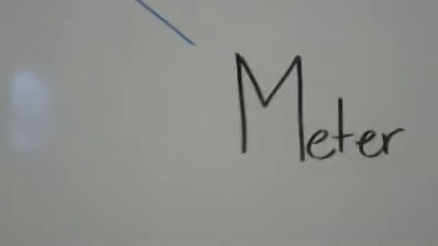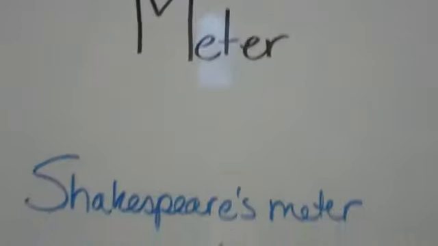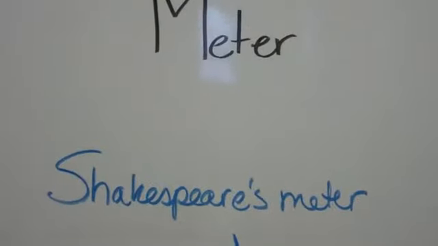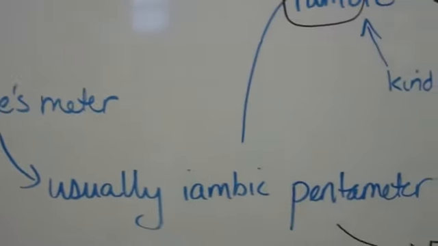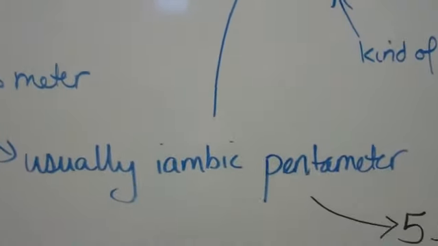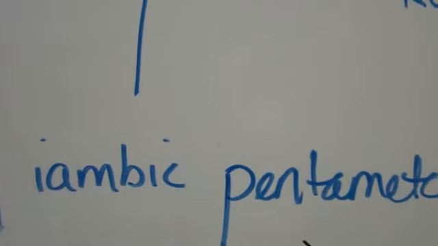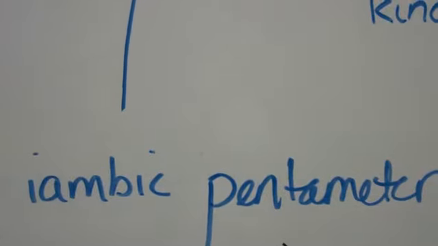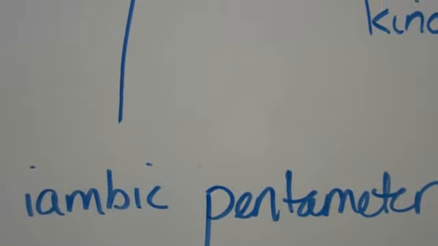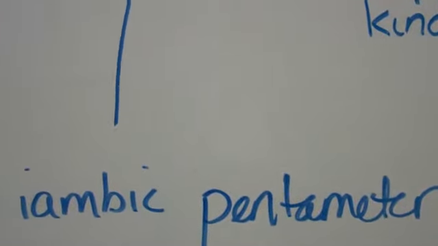Now when we're talking about Shakespeare's meter, we're talking about normally one kind, and that is iambic pentameter. Iambic pentameter refers to two things. That first word, iambic, identifies the kind of unit or pattern that you're going to follow.